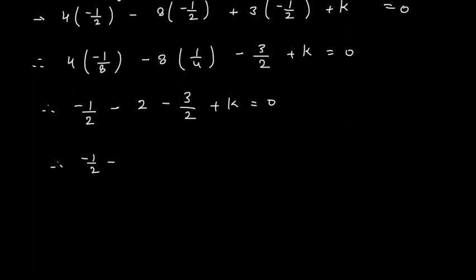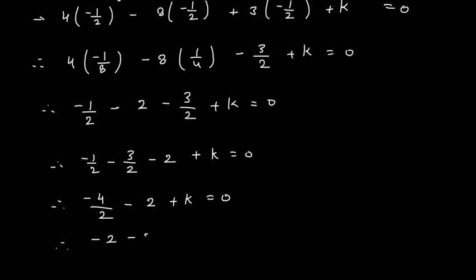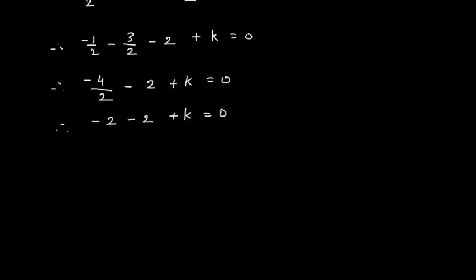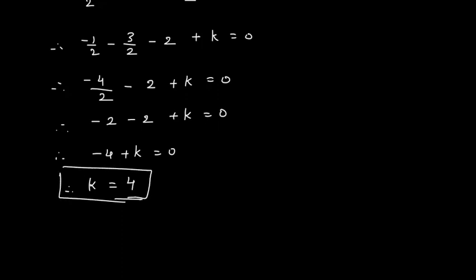Minus 1 upon 2 minus 3 upon 2 we keep together, that is minus 4 upon 2, minus 2 plus k equals 0. So we obtain minus 4 plus k equal to 0, and therefore the value of k is 4.